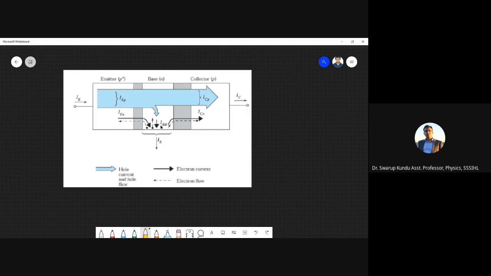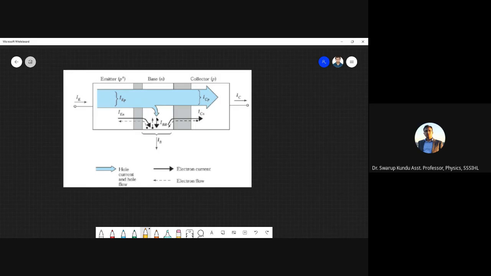And then there is another chance: some electrons will again diffuse through the collector region, which will contribute another current component called ICN. And then there has to be some flow of electrons from the battery, because we have some recombination here. Electrons and holes are recombining in the base region. Some of them are recombining.